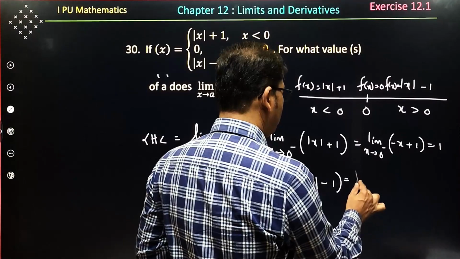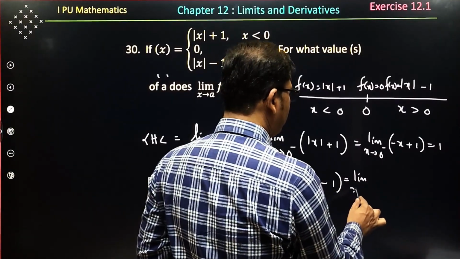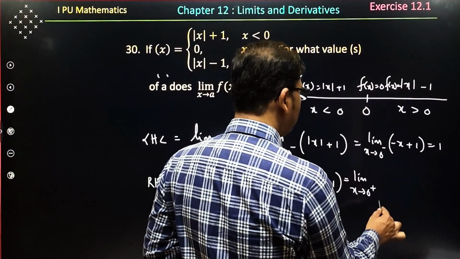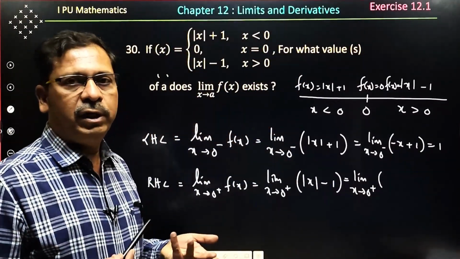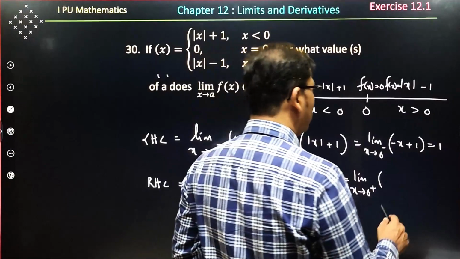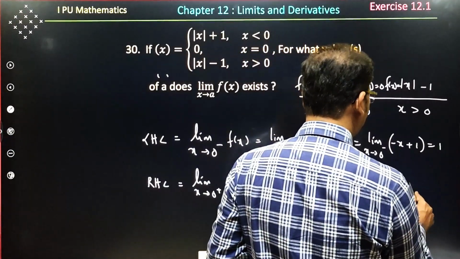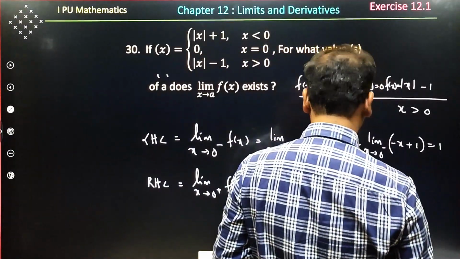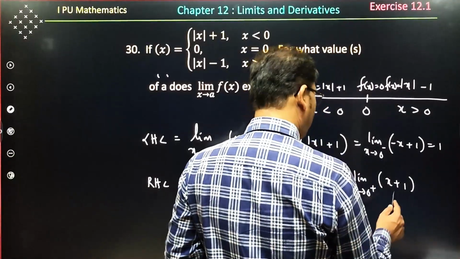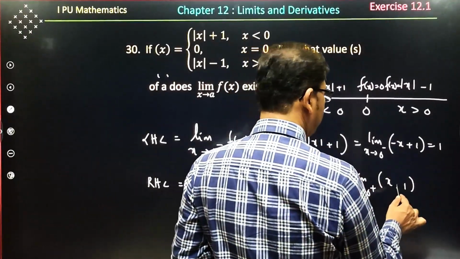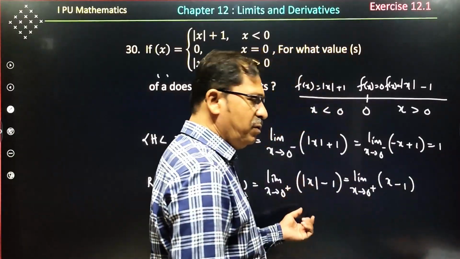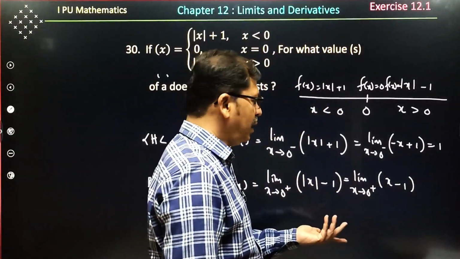So this is equal to the limit as x tends to 0 plus of mod x, and when x is greater than 0, mod x value is only x. So x plus 1 you can write here. Sorry, it is x minus 1, not plus 1, because it is mod x minus 1. So mod x value is x, and minus 1 you retain as it is.